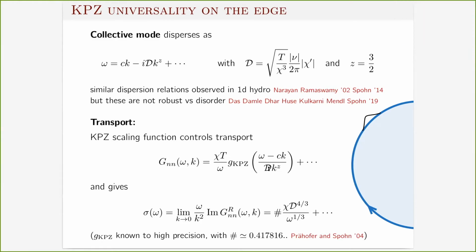So what makes you believe that the fluctuation dissipation theorem is still respected here? You can look at the retarded Green's function for charge, and the symmetric 2-point function, and they will satisfy fluctuation dissipation. They will be related in the usual way.